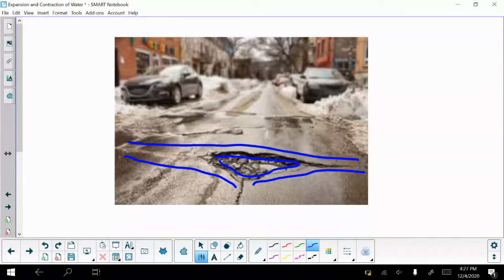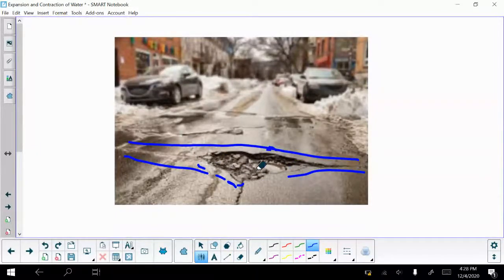It's not frozen at the same temperature. So you get liquid water in this hole, and then the temperature drops and that water freezes. And as we have seen in that pop can, water expands and it creates new cracks. You can see some new cracks that have occurred here, and pretty soon you get a big pothole, a lot of breaking up.